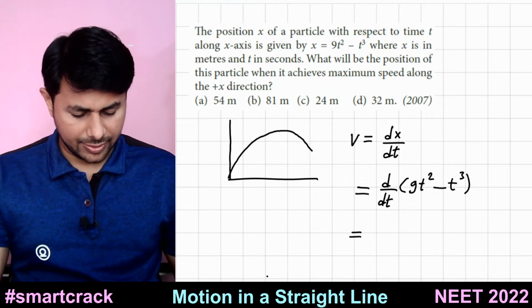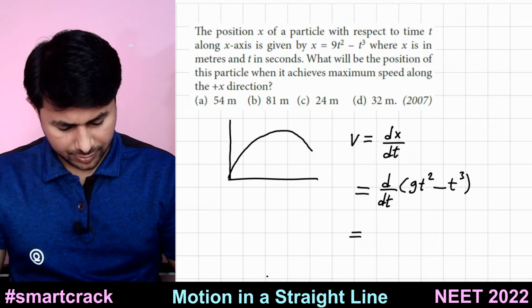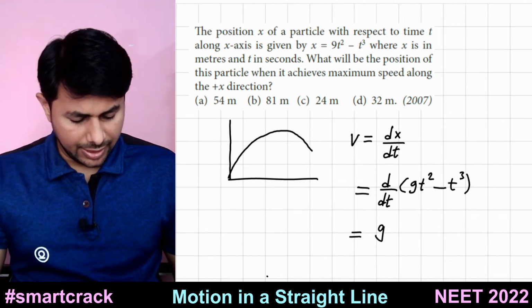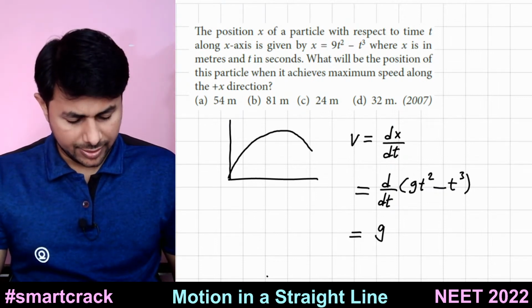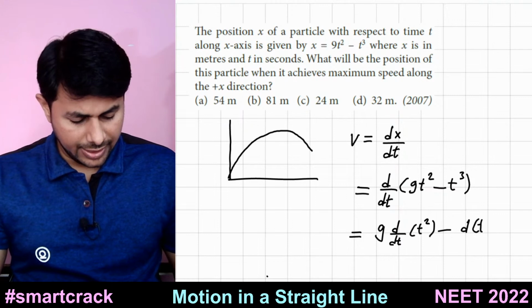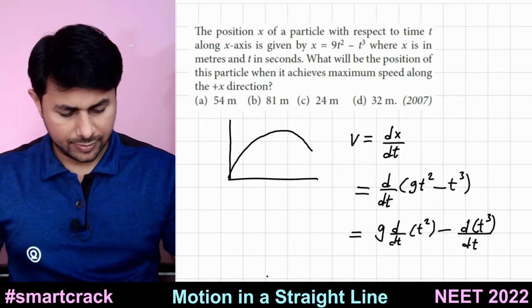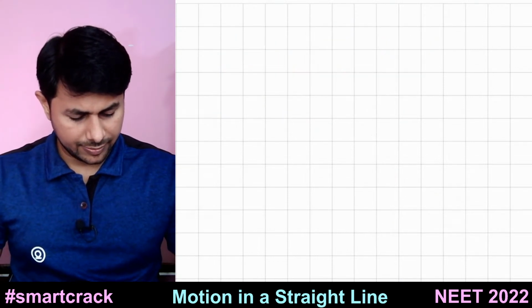What will you get? So it is 9 times the derivative of t square with respect to t, so d by dt of t square, minus the derivative of t cube with respect to t. So what is the derivative of t square? Let's add a page.